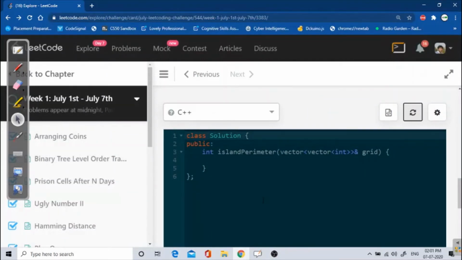So let's code now. So what we have to do, first we have to create one perimeter variable. Let's name it as per. So this will count my perimeter, and will move in the grid.